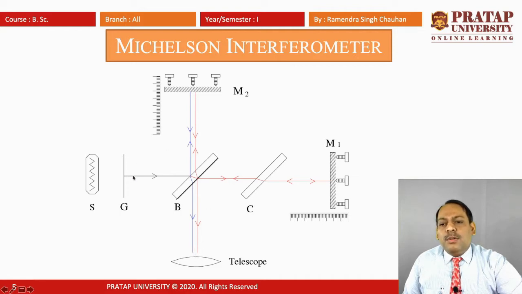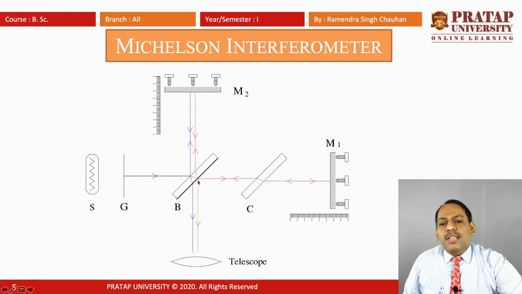and since these two rays are split from one original light beam which came from source S and got split into two beams, one ray going towards M2 and one ray going towards M1, and then they are coming back and getting overlapped.